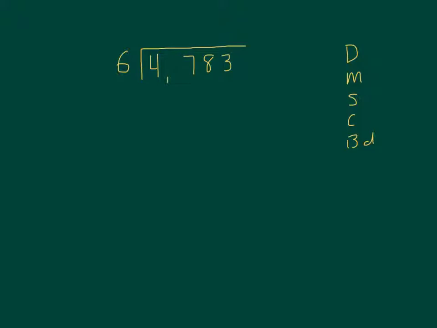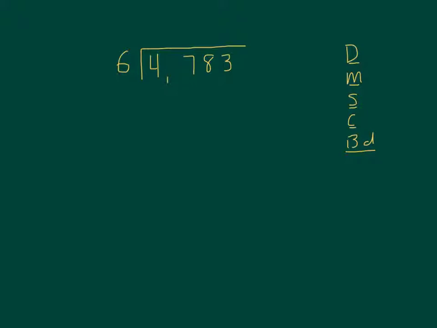Here's our third example problem, and remember we've got our divide, multiply, subtract, compare, bring down to keep in mind. For this problem I'm not going to put check marks next to it, it's just here to help remind me. So let's jump right in, and we're going to start with the divisor and the greatest place of our dividend.